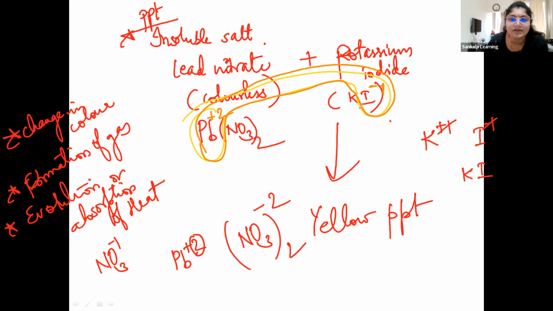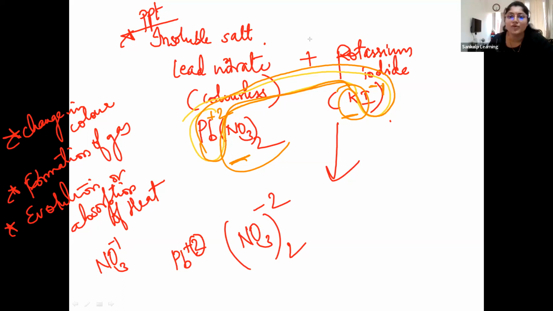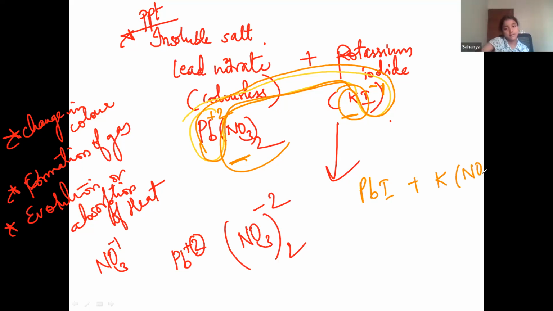Lead reacts with iodide, and potassium, which is plus, will react with nitrate, the negative part. So it forms lead iodide plus potassium nitrate.